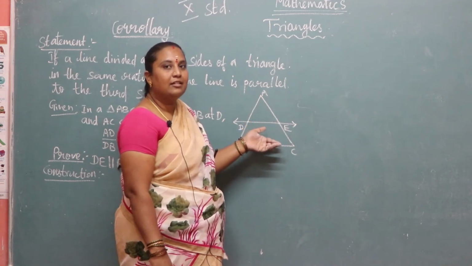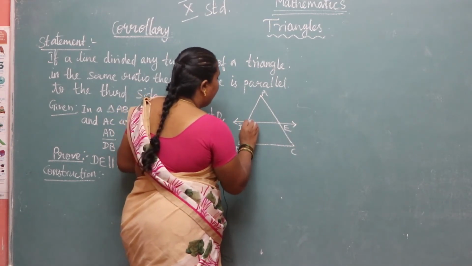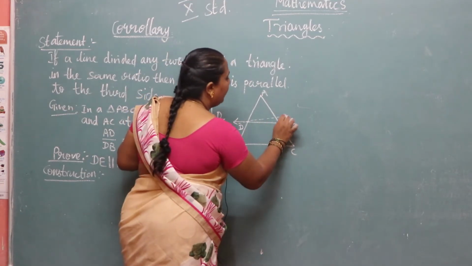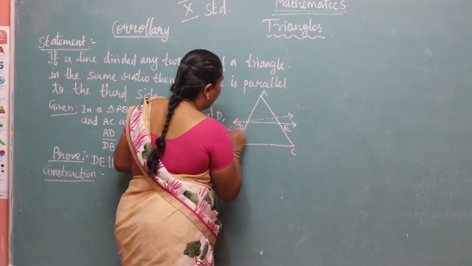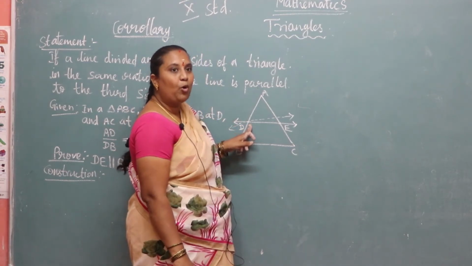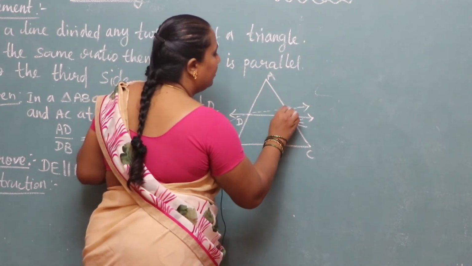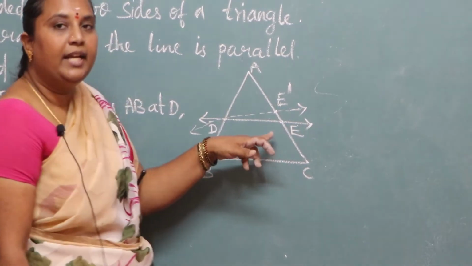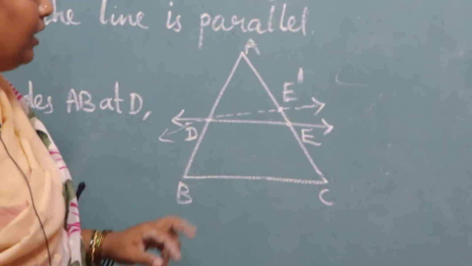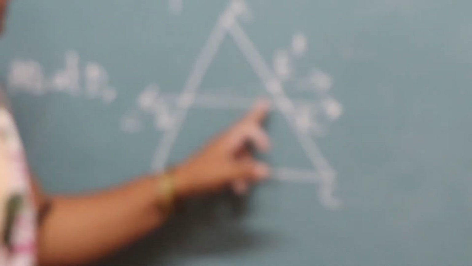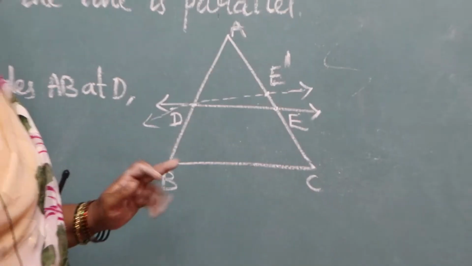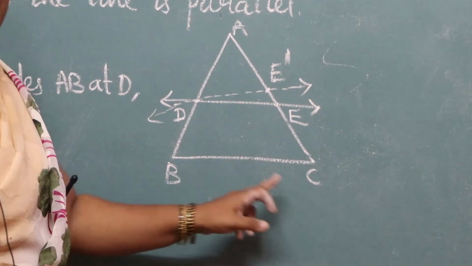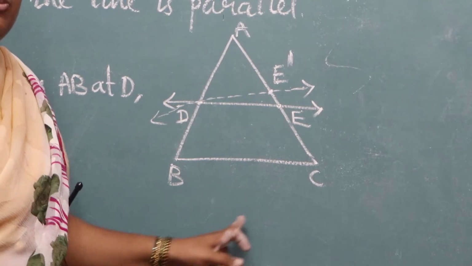We should construct a line. This imaginary line we are drawing through the point D and the point E dash at AC. We are considering this imaginary line to prove DE is parallel to BC.